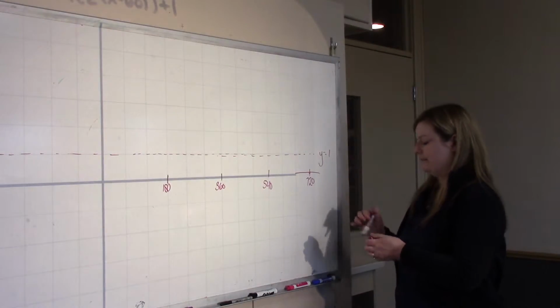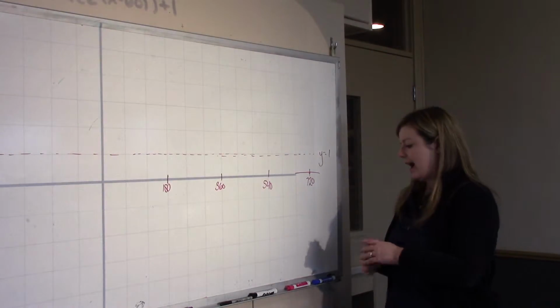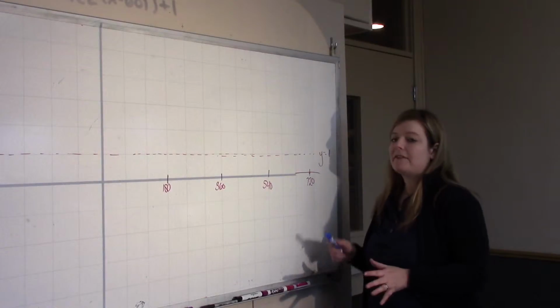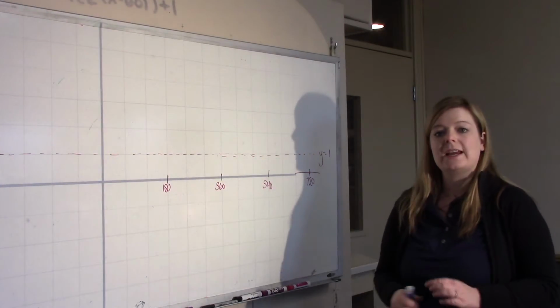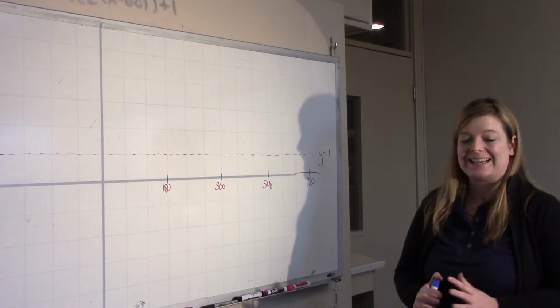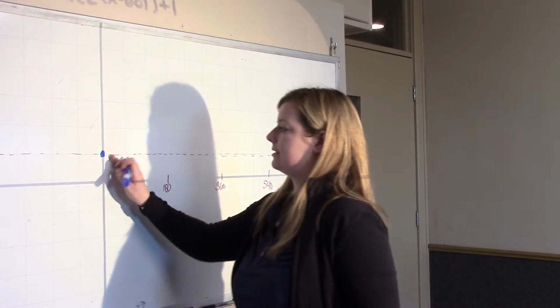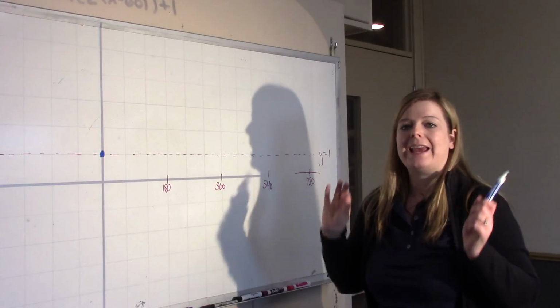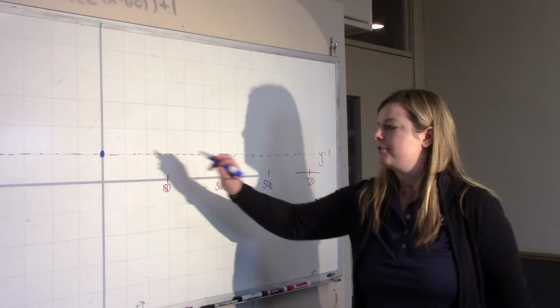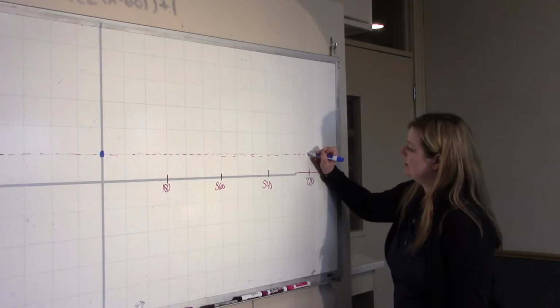Okay, so now I am graphing a sinusoidal function. A sinusoidal function starts on its axis. So now the axis is here at 1. So I start on my axis, not on the x-axis, but on the axis of the function. I also end on the axis of the function.